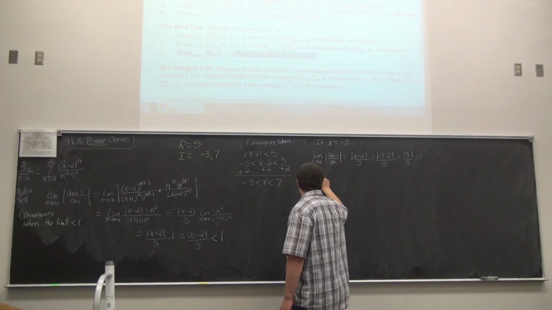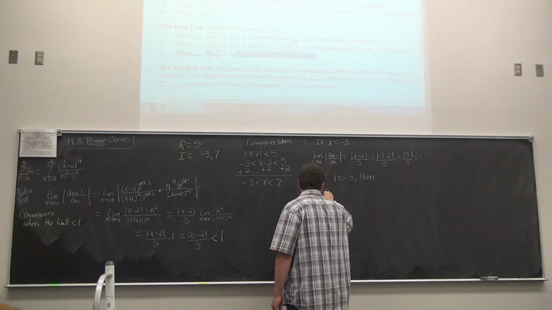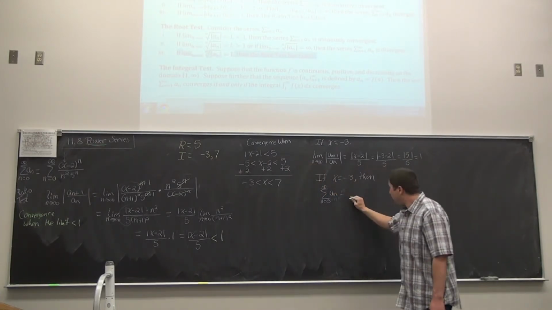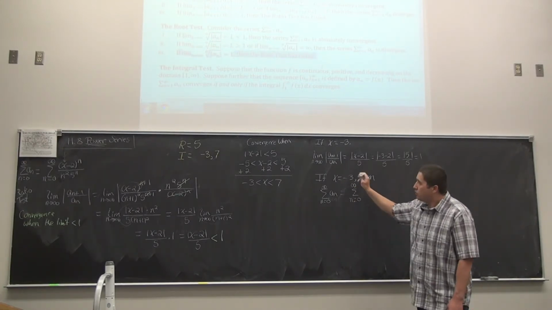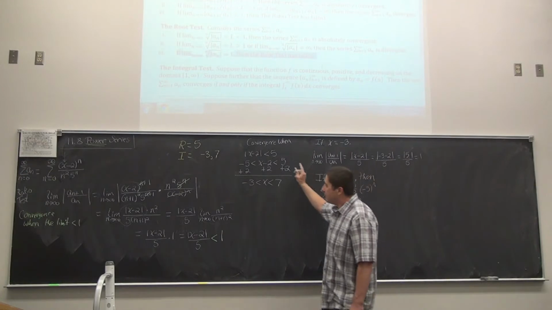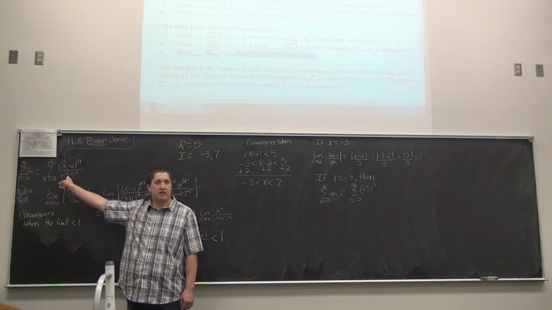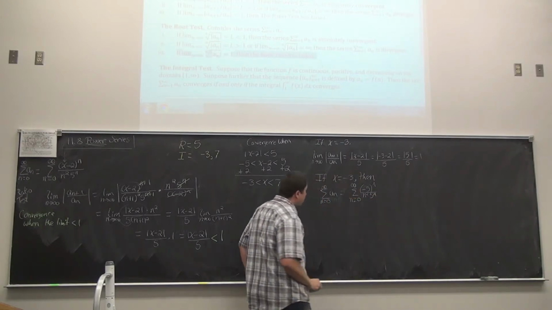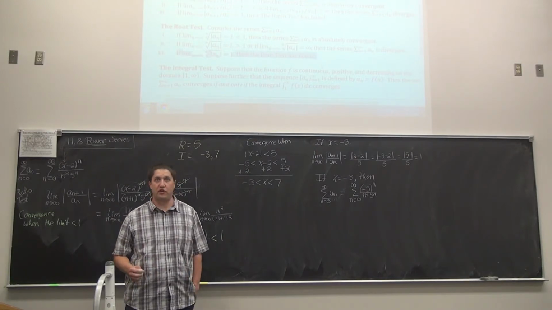So once again, if x equals -3, then the original power series, the summation as n goes from 0 to infinity of a sub n, becomes the summation from n equals 0 of -5 to the n, coming from the absolute values, divided by n squared times 5 to the power of n. So that's what we're dealing with so far. It's just an ordinary series that we must test for convergence or divergence.